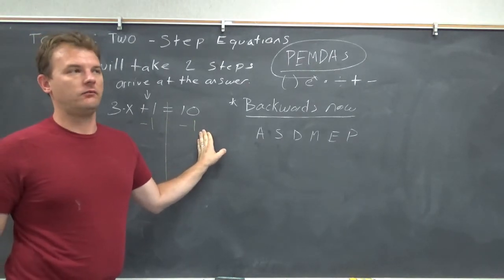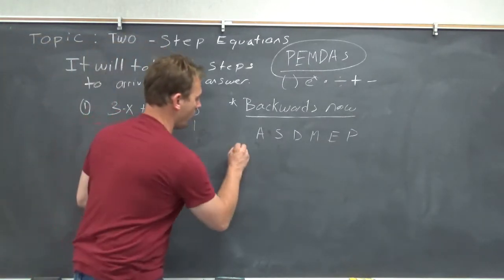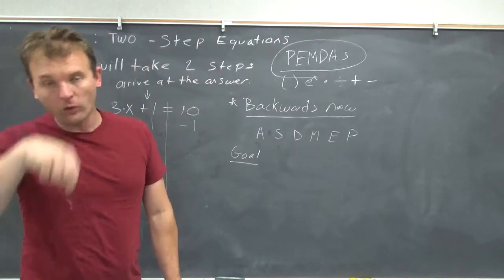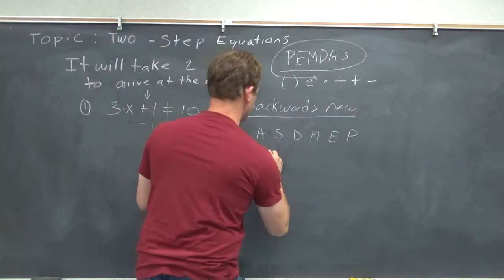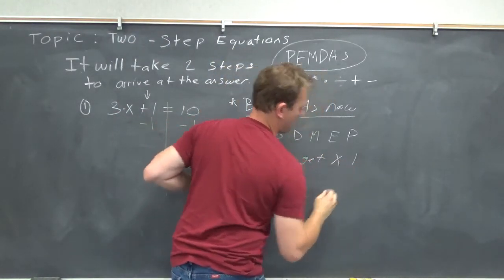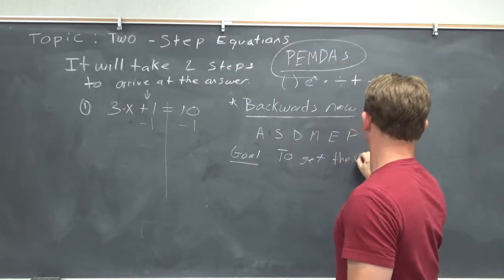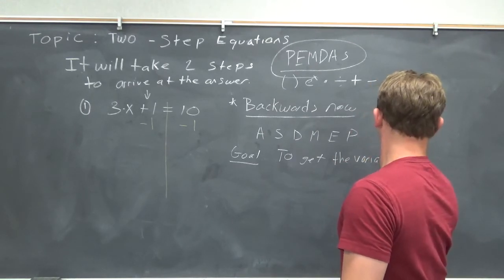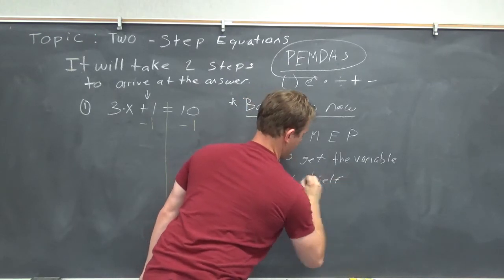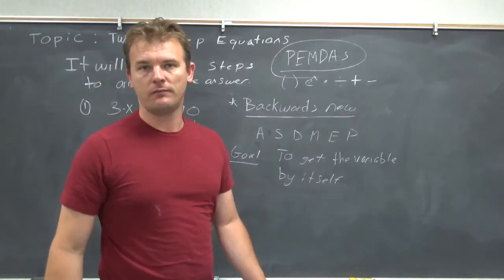You'd be like, well, what do you mean by that? Think about this. Here's your goal. Please write this down. The goal is to get x by itself, or to get the variable by itself.